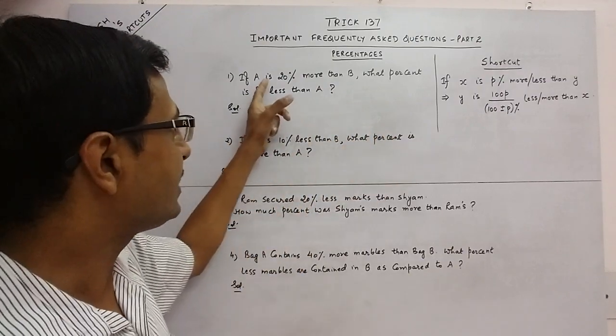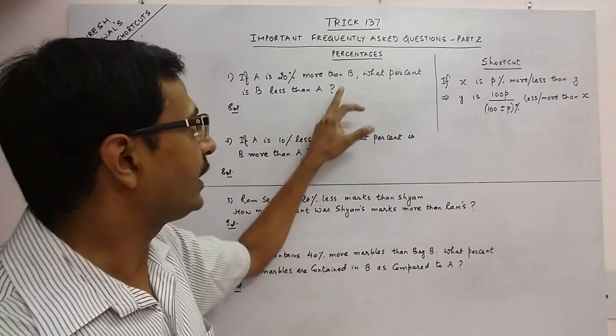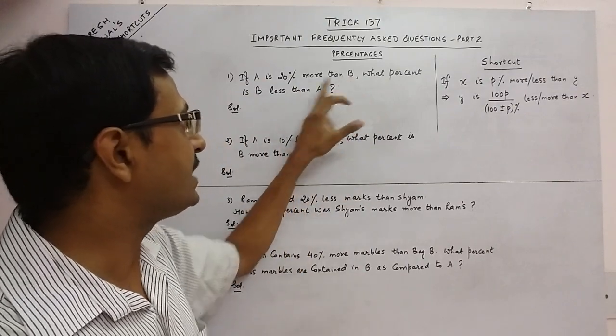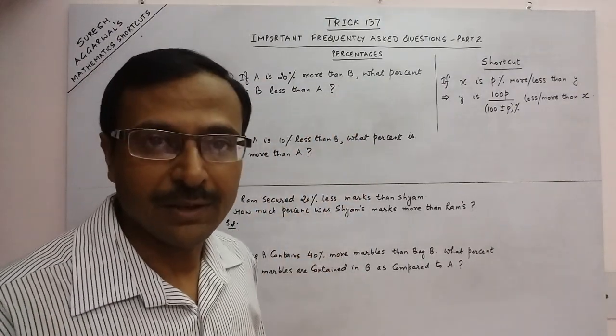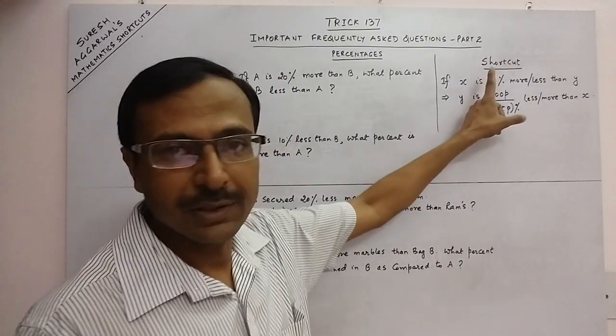Obviously A is 20% more than B, so A is greater. Now we need to find the percentage by which B is less than A. This type of problem can be solved using this shortcut.